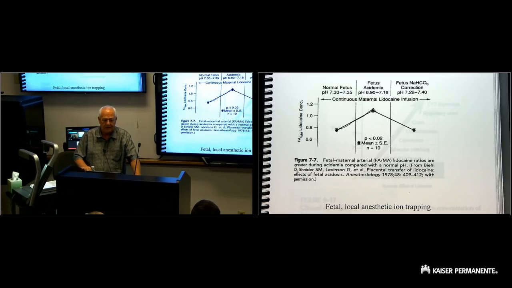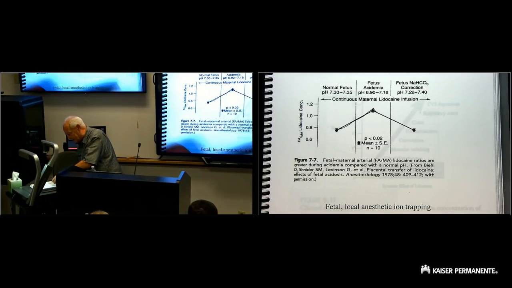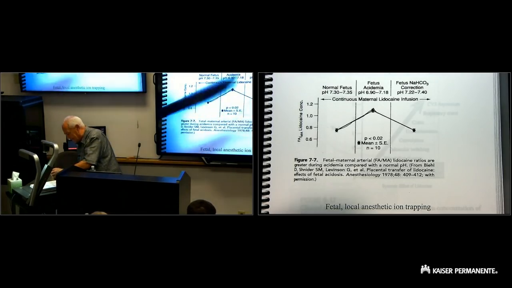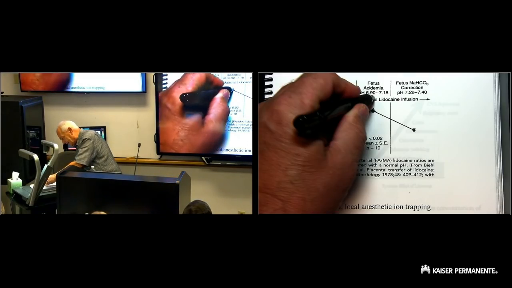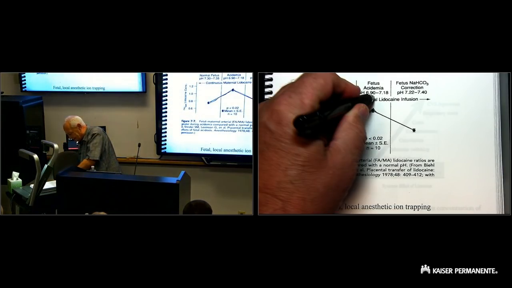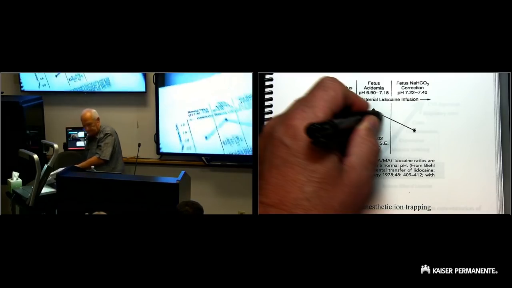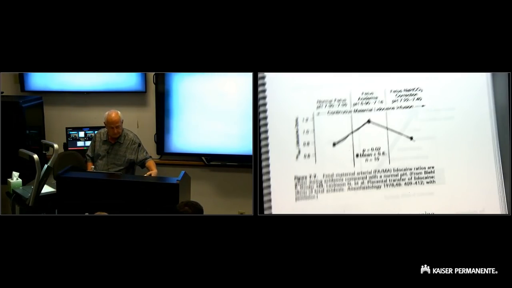Because when the lidocaine passes the placental barrier and gets in, the fetus is more acidotic, therefore the lidocaine ionizes, and the more ionized it is in the fetus, the more it can't get back out into mom's circulation and be eliminated. So you can see the more acidotic the fetus gets, the higher the concentration of lidocaine would be. Make sense?